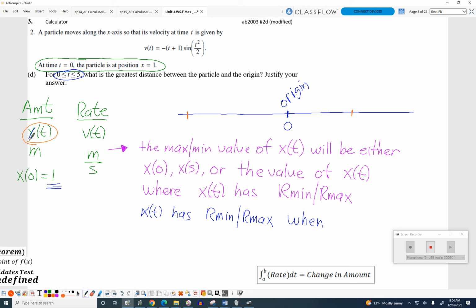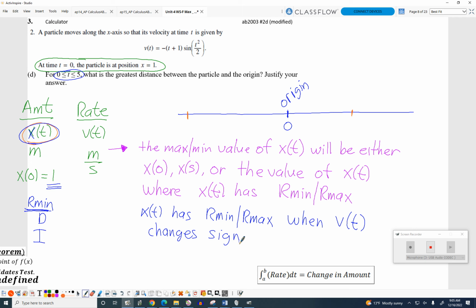Here's x of t, it has a relative min when x of t changes from going down to going back up. But we identify the relative min on x of t not by looking at x of t, because we have no formula for x of t. So what do I write over here, Gideon? When v of t. There we go. And a short way to write it is when v of t changes sign. 5 points for Gideon. Questions?